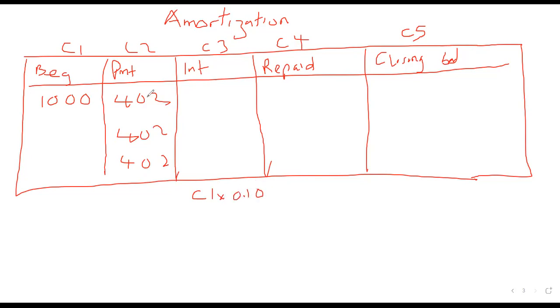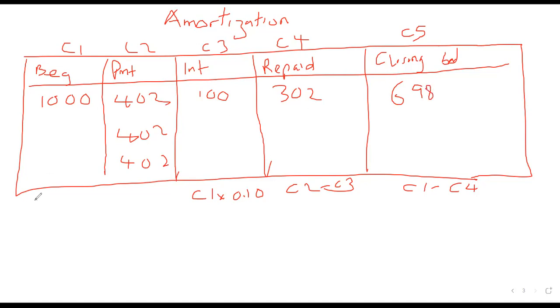So 10% of column 1 is 100. For column 4, we subtract column 2 minus column 3, so 402 minus 100 is 302. For column 5, subtract column 1 minus column 4, so 1,000 minus 302 gets 698.